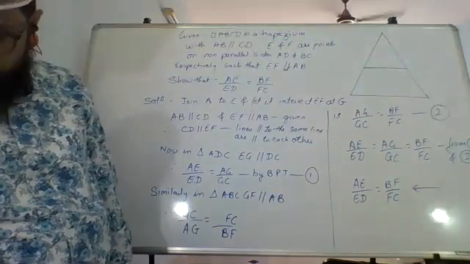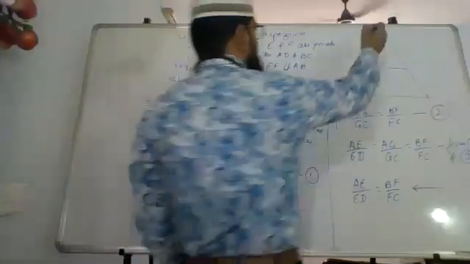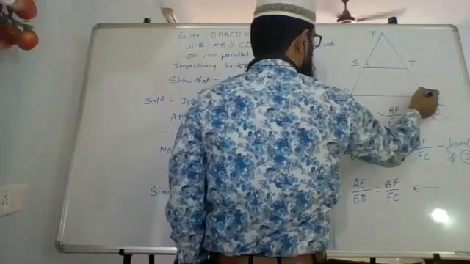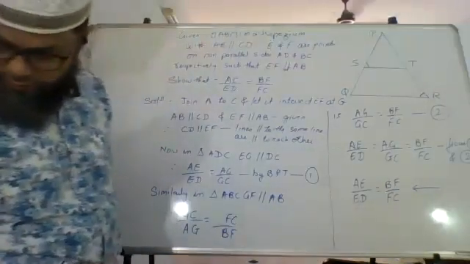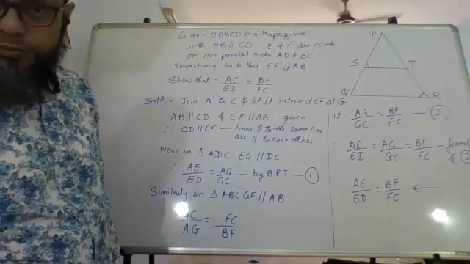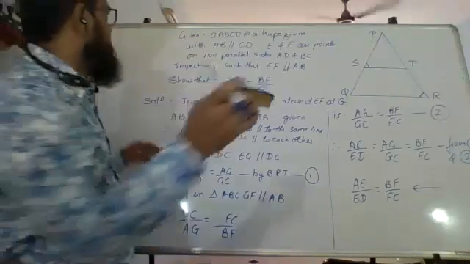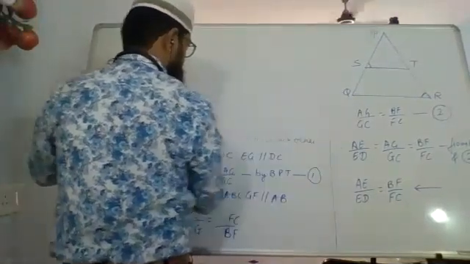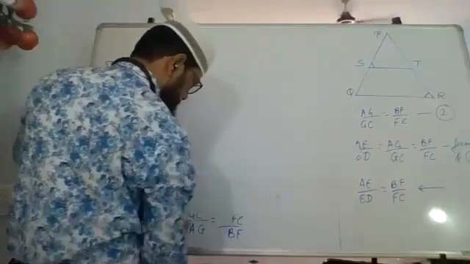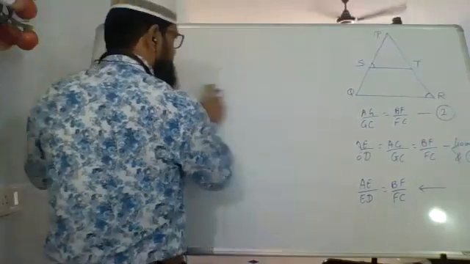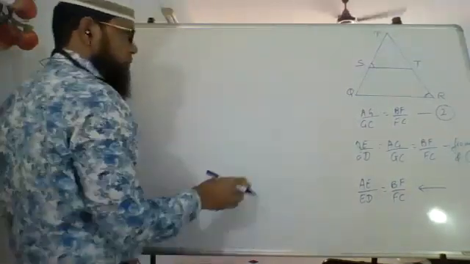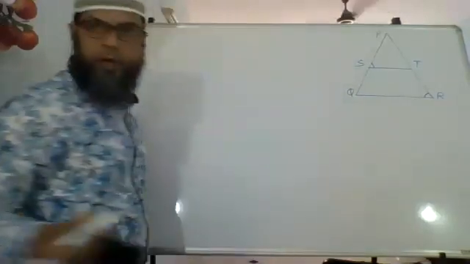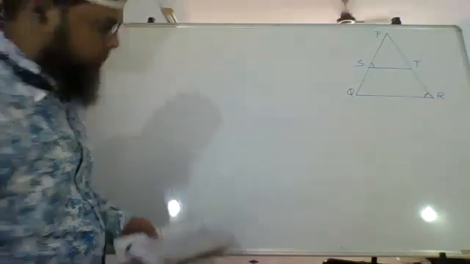The next one that we are going to do: in triangle PQR, S and T are points on the sides.